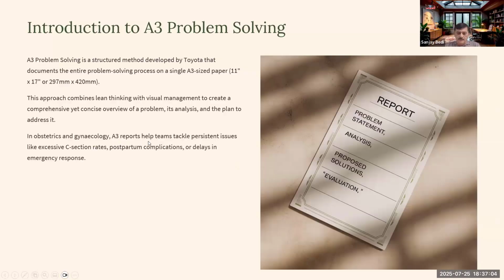The A3 reports help teams tackle persistent issues like C-section rates, postpartum complications, or delays in emergency response.